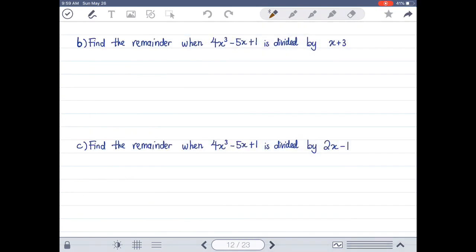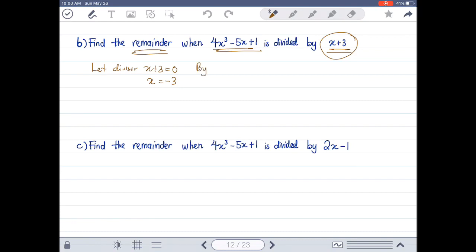Okay, let's have a look at another example. Find the remainder when 4x to the power of 3 minus 5x plus 1 is divided by x plus 3. Again, the technique. First, let the divisor x plus 3 equal 0. Hence, we have x equals minus 3.